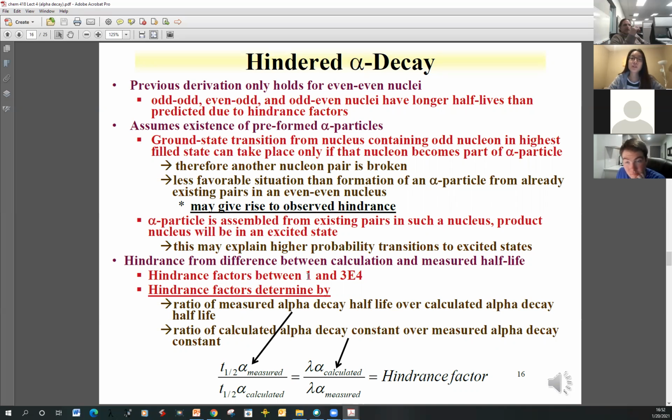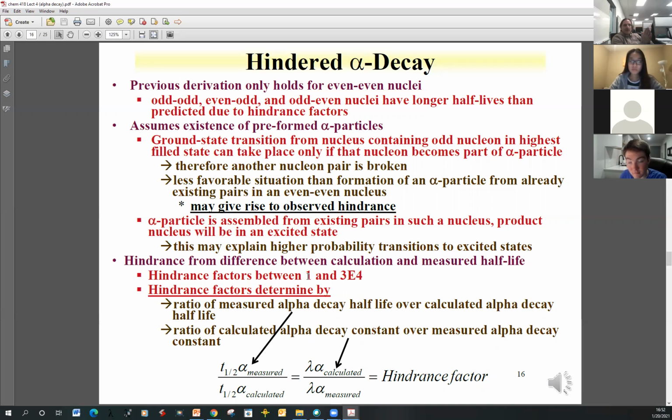The reason for that is that the calculated value comes from a model with certain assumptions. The main assumption is that the alpha particle getting away from the nucleus is there 100% of the time. Well, what if that alpha particle is only preformed 50% of the time? Right? So I need to add that hindrance factor into my calculation.